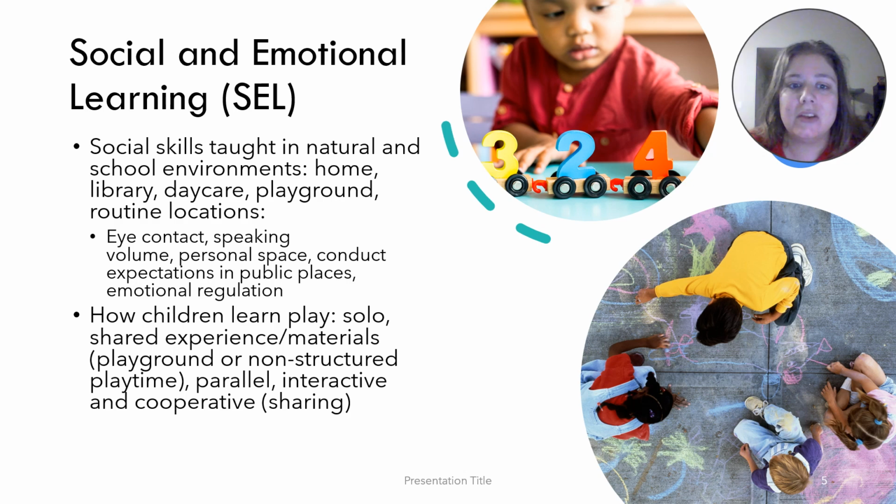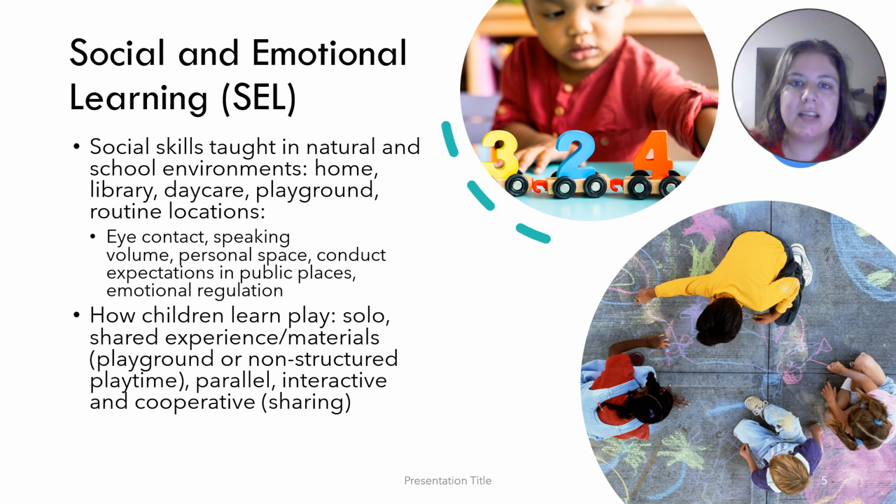Basically, these are skills that are taught in the natural environment. That may be your home, your daycare, the library, the playground, school. Any routine location you are, there's a certain set of general societal rules that are acceptable and not acceptable. And we as adults have to know how to navigate that. And as children, they have to know how to navigate that appropriate to their age.